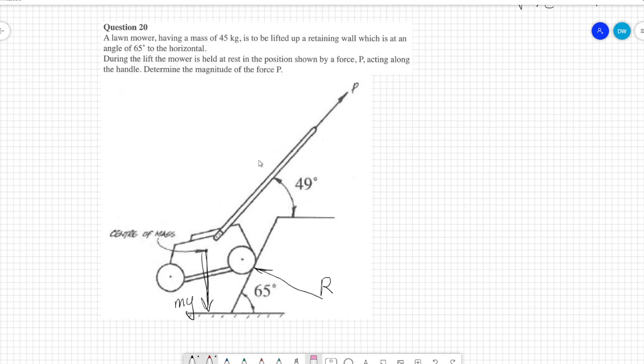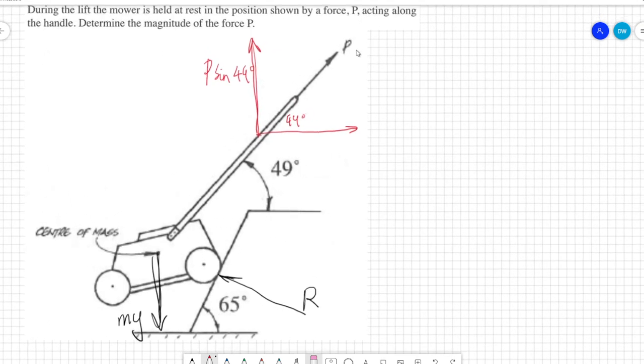I'm just going to do it anyway. It's fairly inconsequential, really. So we have a vertical component of P and a horizontal component of P. The angle here is 49 degrees. This is the opposite side, so it should be P sine 49 degrees.